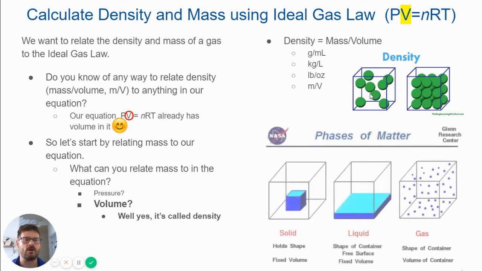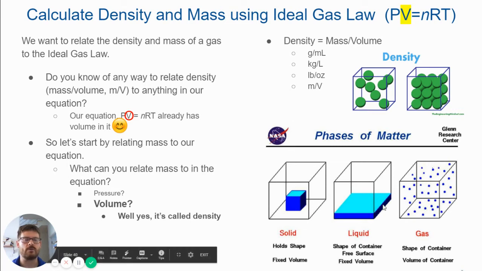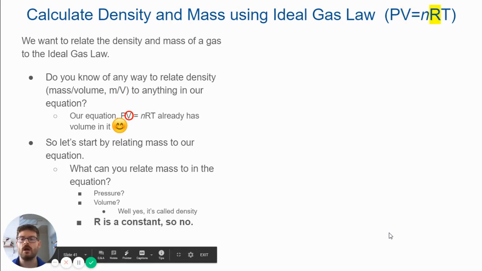So as we go from solid to liquid to gas, the density decreases. All of these three shapes right here are showing us the same amount of matter, but it's being spread out a lot more as we change the shape and the state of matter here. Okay, so how about R?